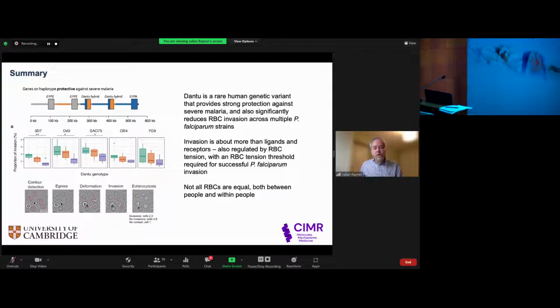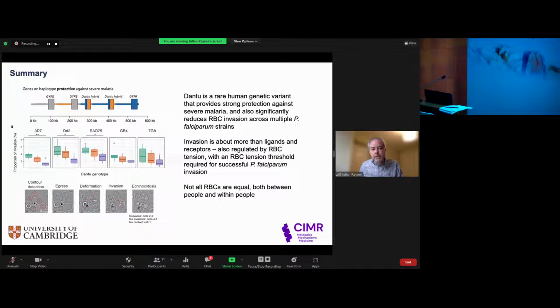It also has another effect on the surface of red cells by increasing the tension. And so that's just a message that invasion is about more than just proteins. It's also about the biophysical properties of the red cells. And there seems to be a tension threshold for successful invasion.